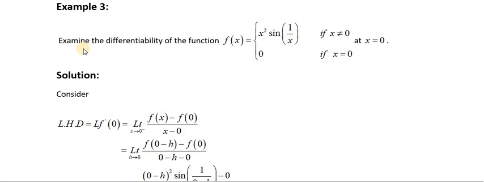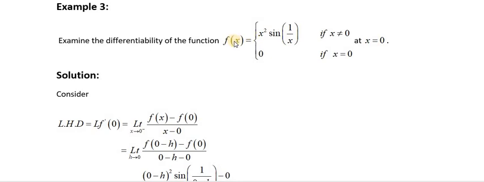Example 3. Examine the differentiability of the function f of x equal to x square into sine 1 by x if x not equal to 0, and f of x equal to 0 if x equal to 0.